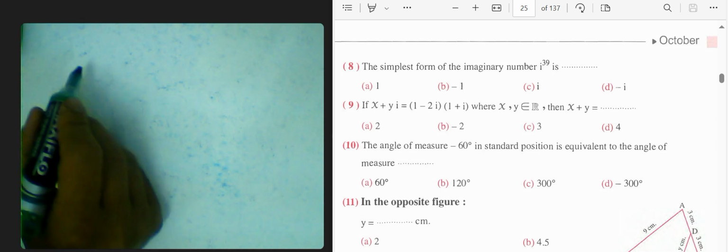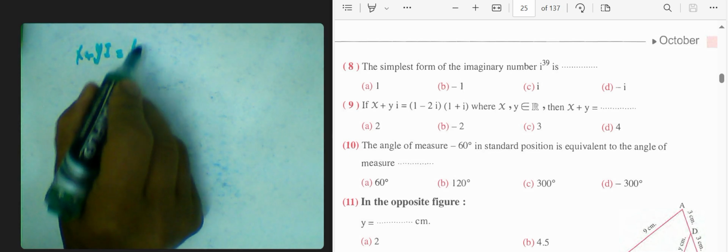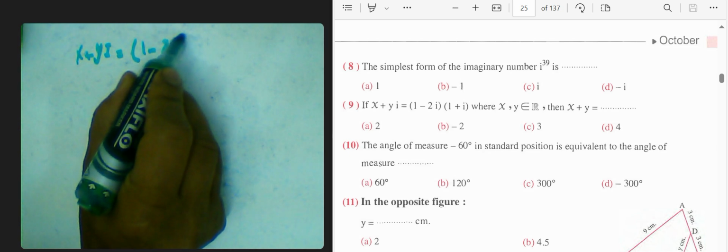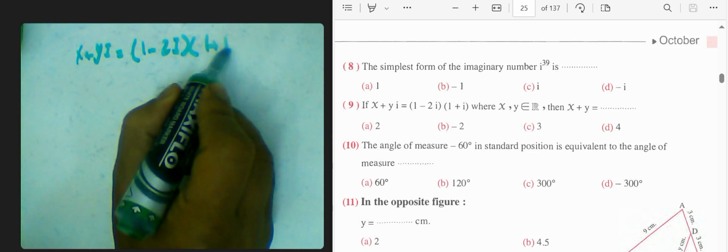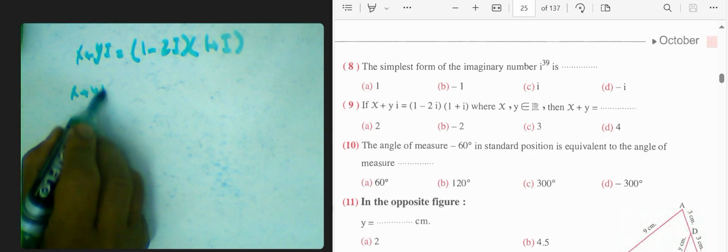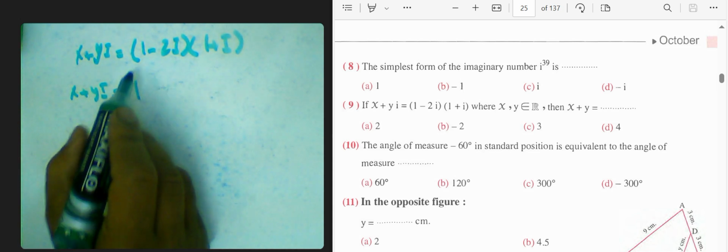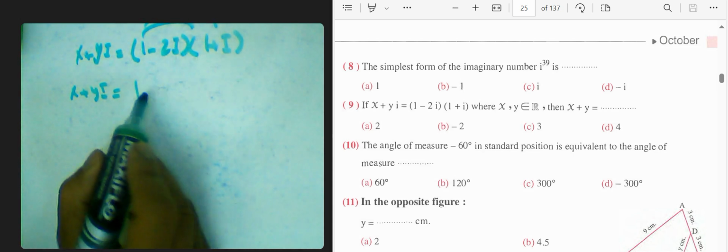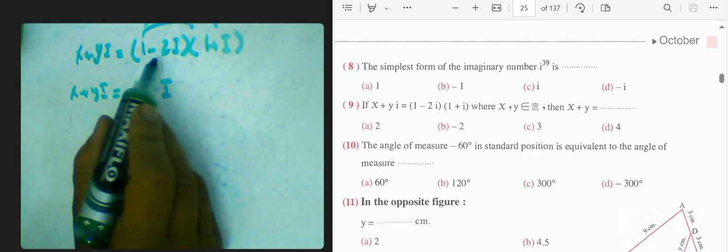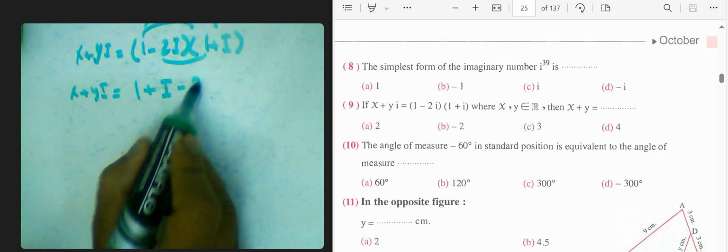Next question number 9. If x plus yi equal 1 minus 2i product by 1 plus i, where x and y belong to the real numbers, then x plus y equal what? First, we can write x plus yi equal 1 subtract by 2i product by 1 plus i. So x plus yi equal 1 times 1 it will be 1 and 1 times i it will be i. Negative 2i product by 1 it will be negative 2i.